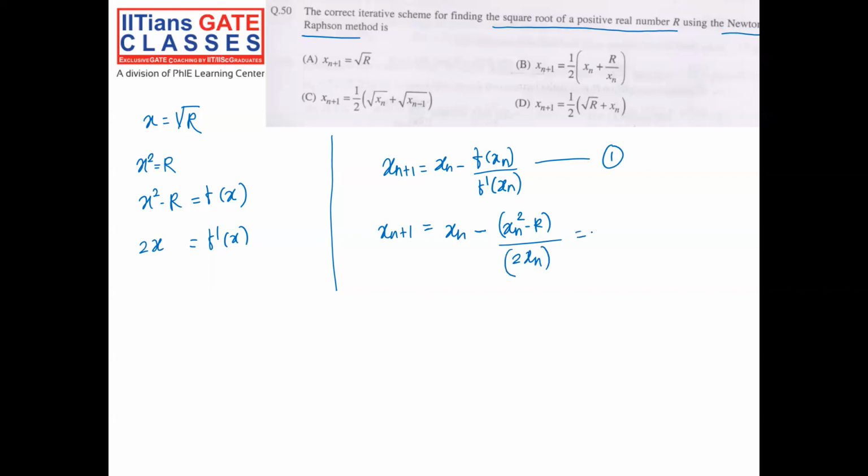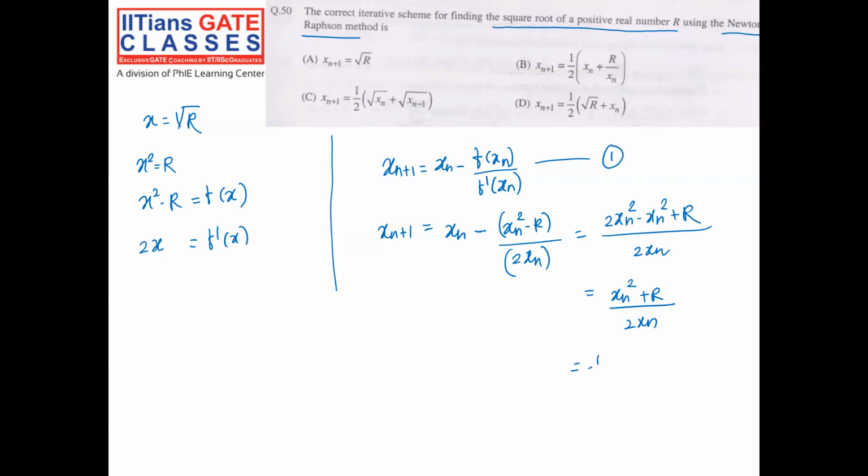If you further simplify it, it is 2xn square minus xn square plus r divided by 2xn. And it will be xn square plus r divided by 2xn.